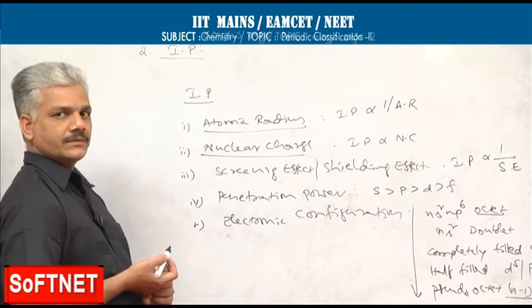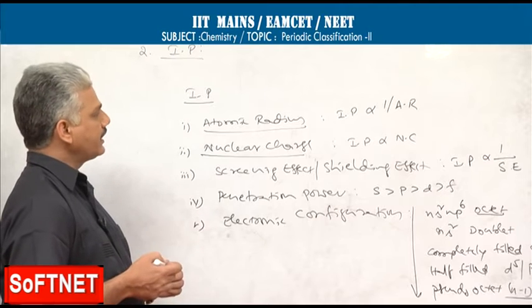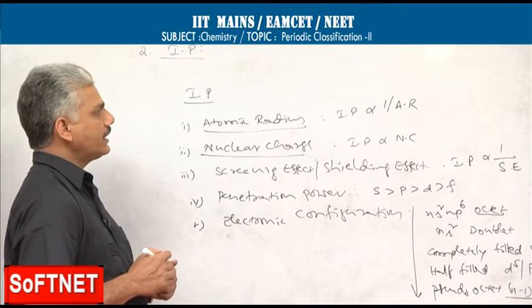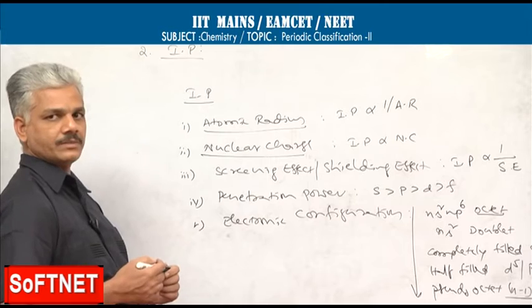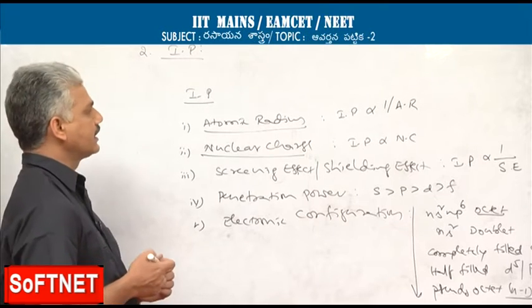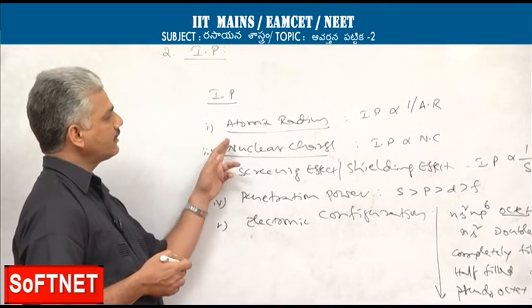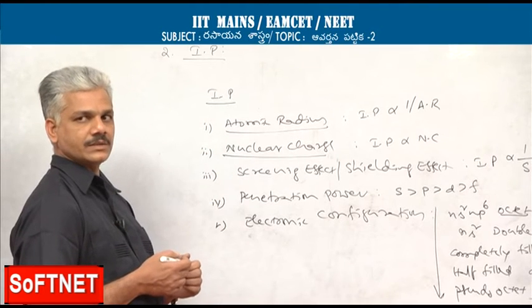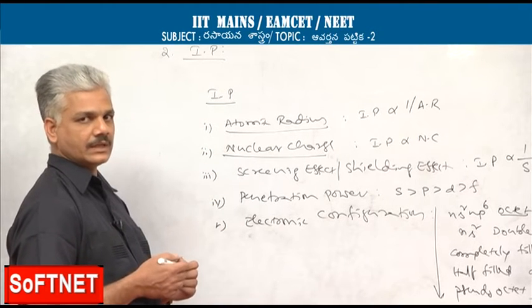Coming to the variation of ionization potential in a period and group, in a period from left to right, ionization potential value increases, and down the group, as atomic radius increases, ionization potential value decreases.